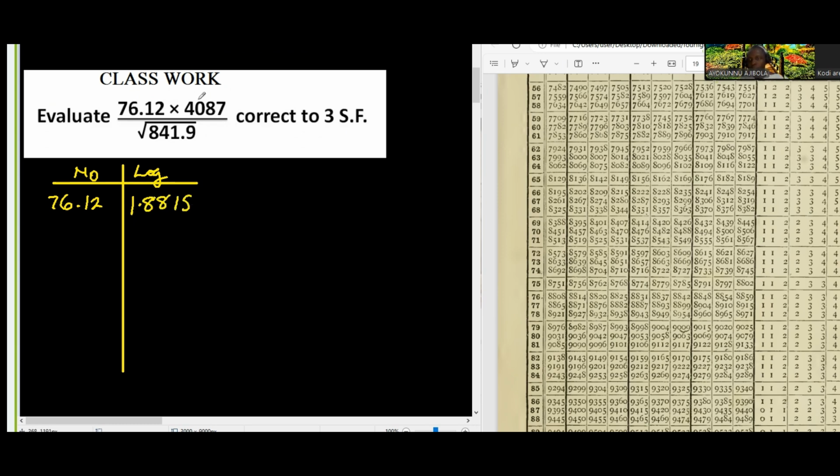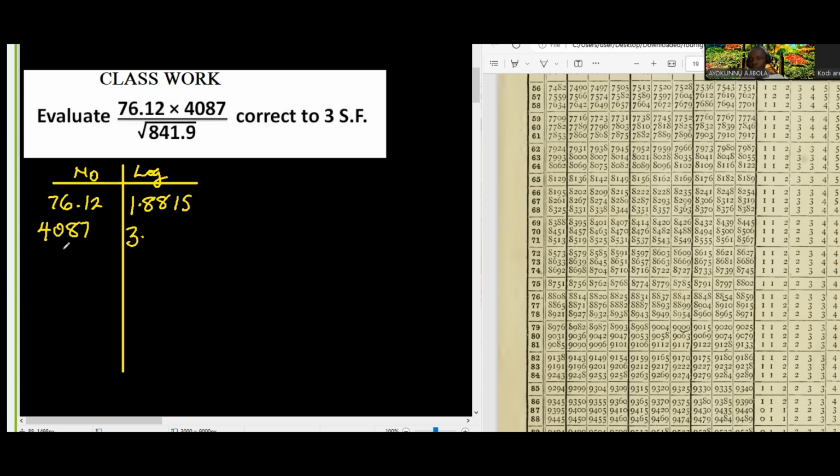And there's a number beside it which is 4087, but that has no decimal. So that means the decimal is at the back. And to transport the decimal to the front, that's 3 steps. So this is positive 3, because it's to the left.